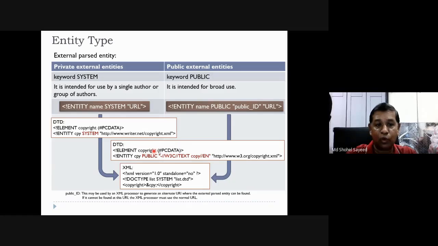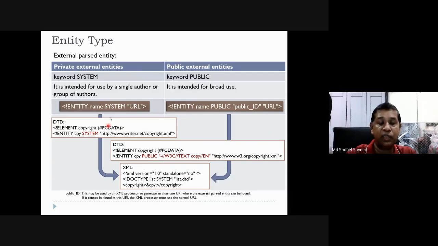ELEMENT, for example, copyright (#PCDATA), ENTITY CPY PUBLIC. Then this part we define as the public ID. This is the public ID. And then the last part within the quotation is the URL, the source.